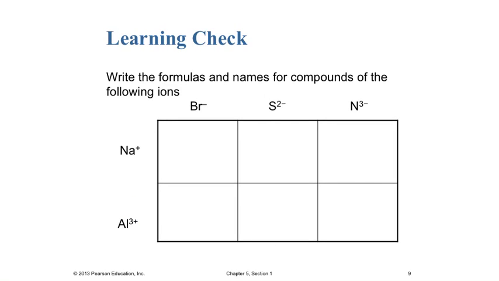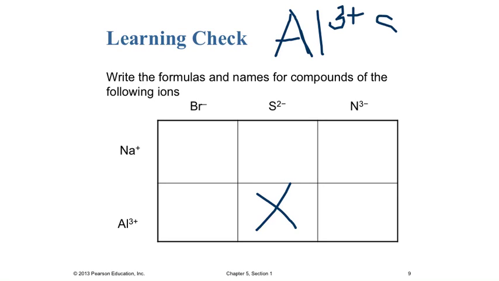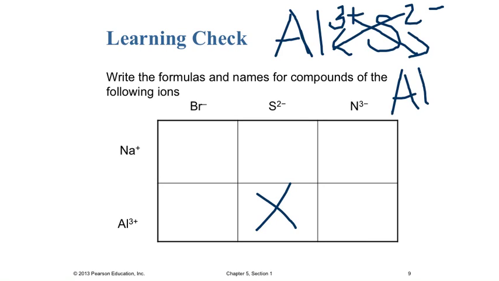Let's do a quick review about finding formulas from charges. Let's take the example of aluminum and sulfur. So aluminum has a charge of 3 plus and sulfur has a charge of 2 minus. Remember, if we crisscross down, we can find the formula. So aluminum now has 2 and sulfur now has 3.